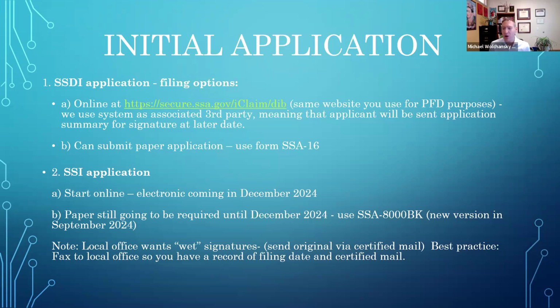They might claim that you are a month or two late when indeed you actually did file your application timely, and you've got the fax that shows that you filed it October 22nd. We do also send certified copies via mail. You have to send the certified copy via mail. So I would do both.